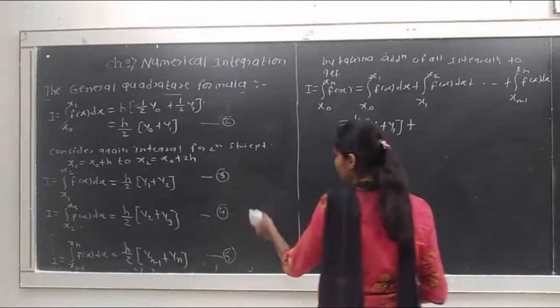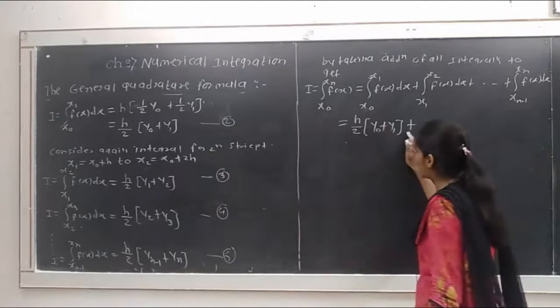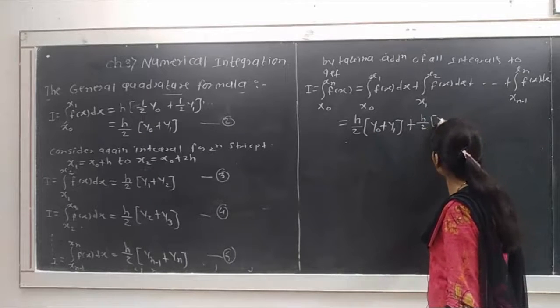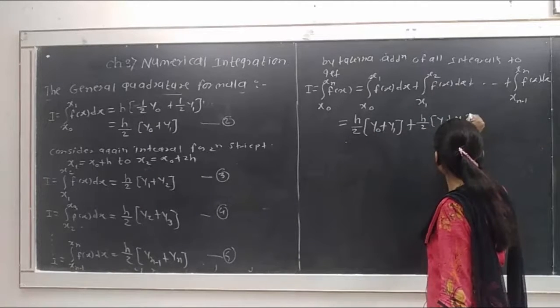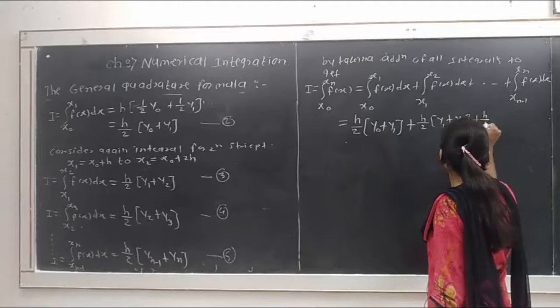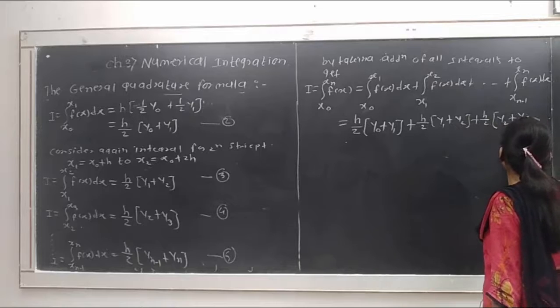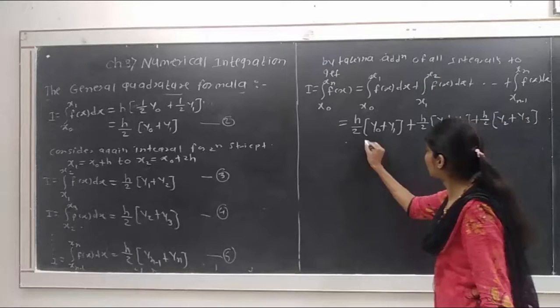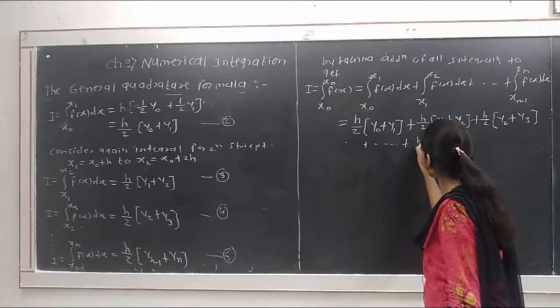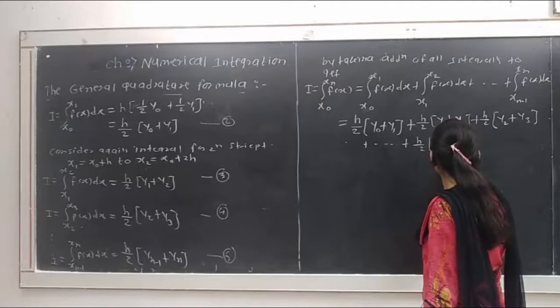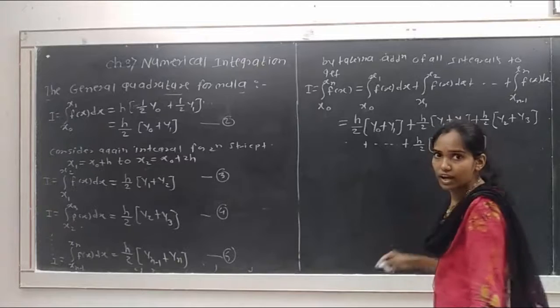So from 2, 3, 4 and 5 we can rewrite here h by 2 (y0 plus y1), then h divided by 2 (y1 plus y2) plus h divided by 2, next value of the integral (y2 plus y3), and plus up to so on h divided by 2, value of the last integral (yn minus 1 plus yn).